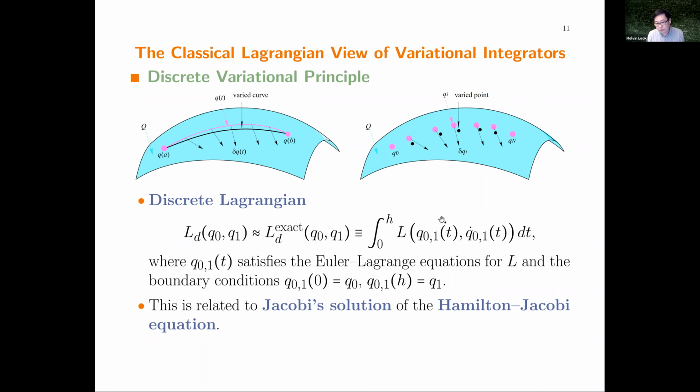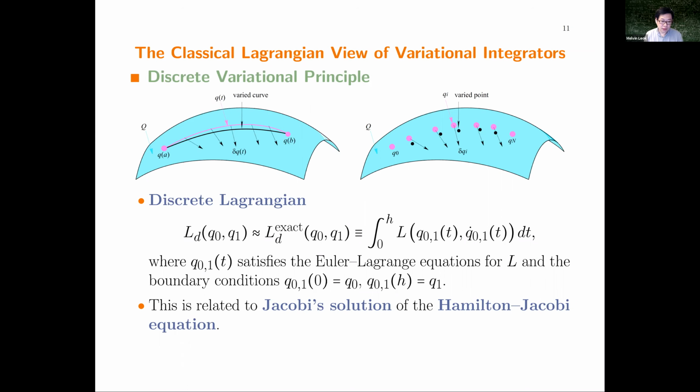And I'm going to evaluate that action integral along a particular curve which satisfies the Euler-Lagrange boundary value problem, which is to say that this curve Q01 satisfies the Euler-Lagrange equations in the interior interval from 0 to h, and the boundary data is given by Q0, Q1. So given the initial point Q0 and the final point Q1, I find a curve which satisfies the Euler-Lagrange equations and which matches those endpoint conditions. And I evaluate the action integral on that, and that's what I call the discrete Lagrangian.